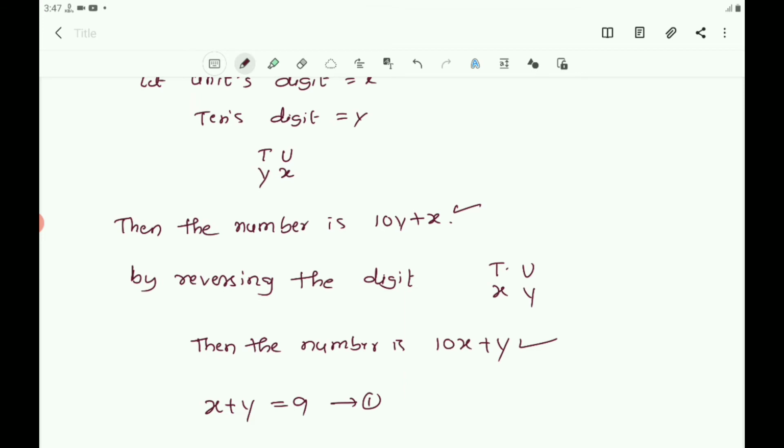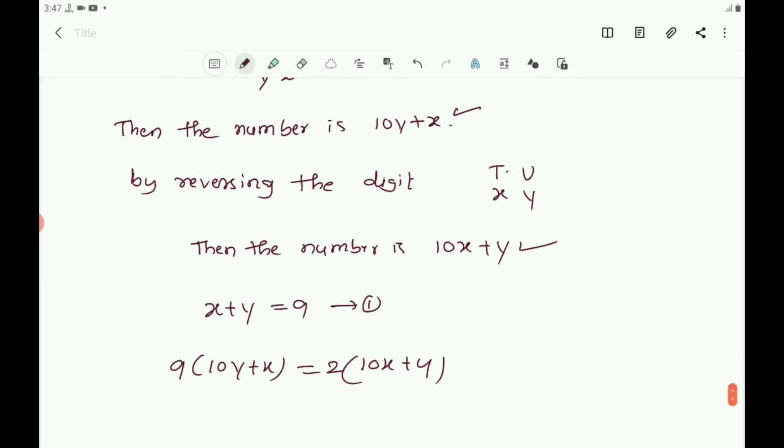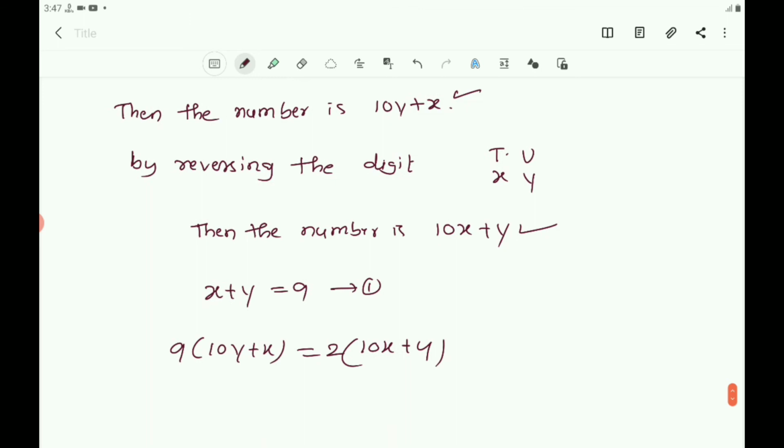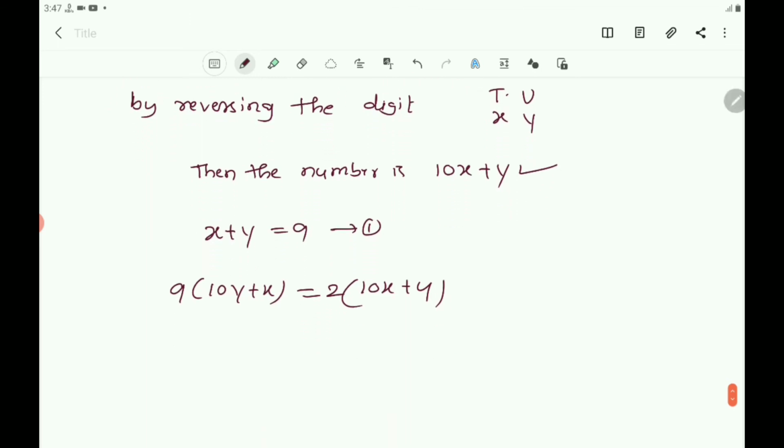What is the relation between them? That is 9 into 10y plus x equals 2 into 10x plus y. So it is 90y plus 9x equals 20x plus 2y.